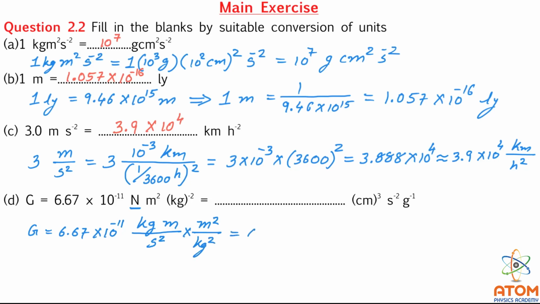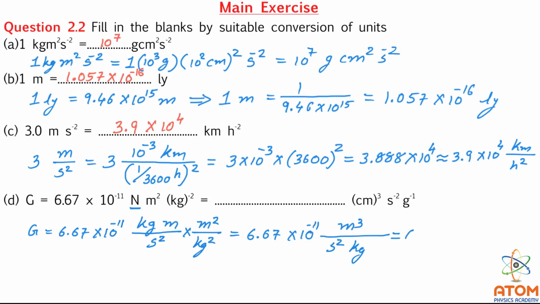Solving this, we can now put 6.67 into 10 raised to minus 11, and now 1 kilogram will be cancelled out. So this is meter cube upon second square and kilogram. Again further, we need to convert this in CGS unit. So meter has to be converted into centimeter and kilogram has to be converted into gram.